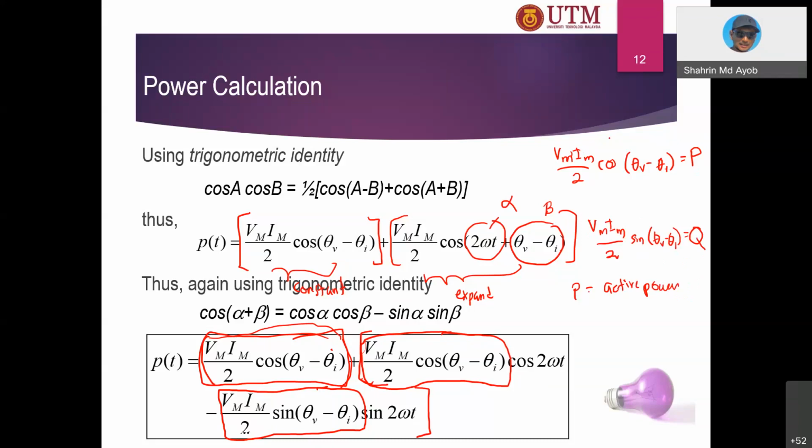This one is time independent; as you can see, there is no omega t here, so it is constant. And then Q is what we call the reactive power.